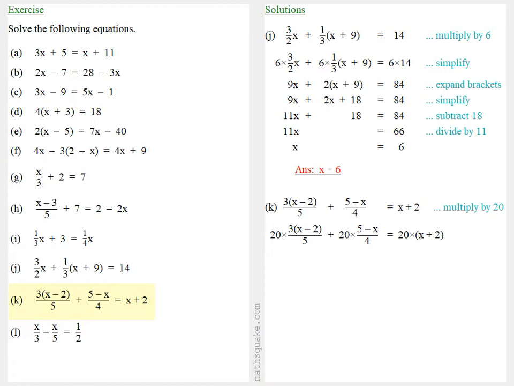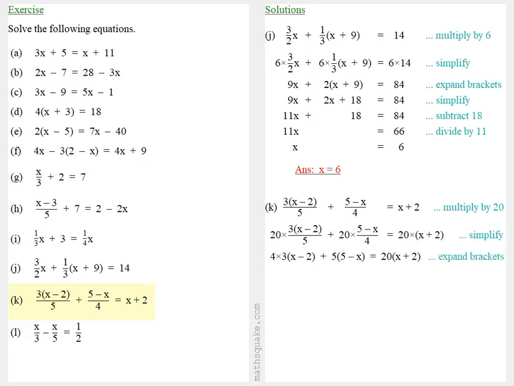x plus 2. Now the 5 and the 20 cancel to give 4, and in the second term 20 and 4 cancel to give 5, and so we have 4 times 3 into x minus 2 plus 5 into 5 minus x equals 20 into x plus 2.